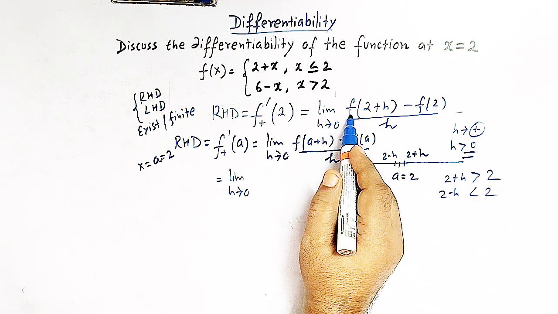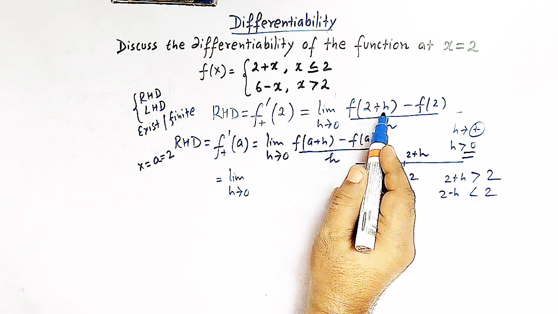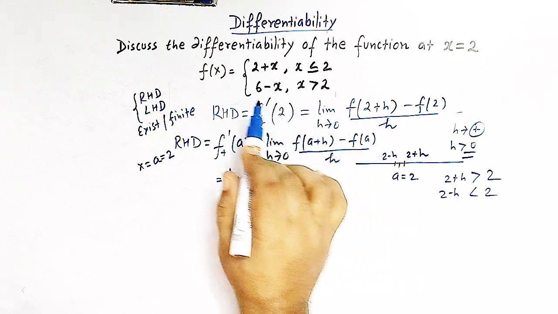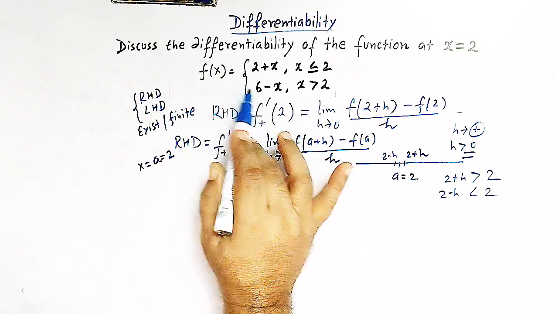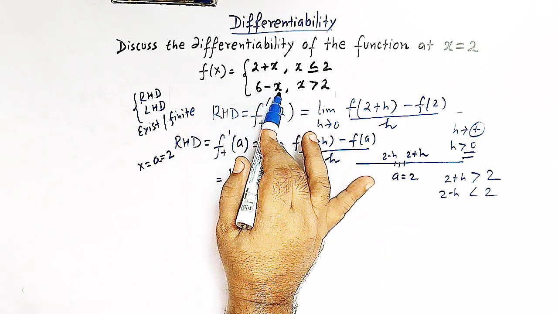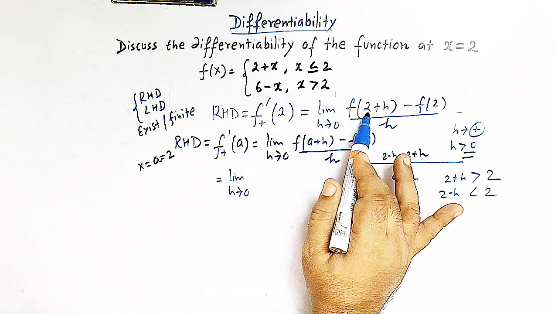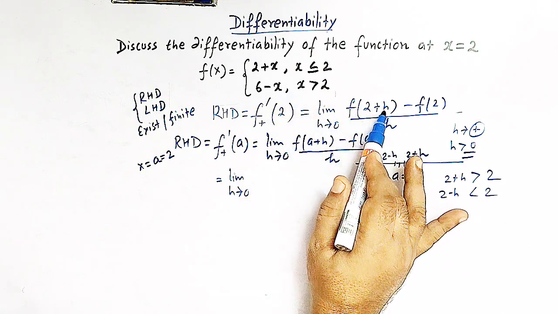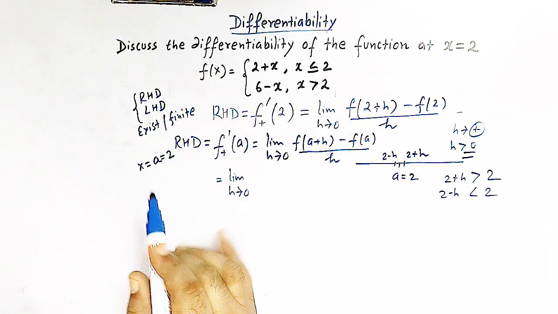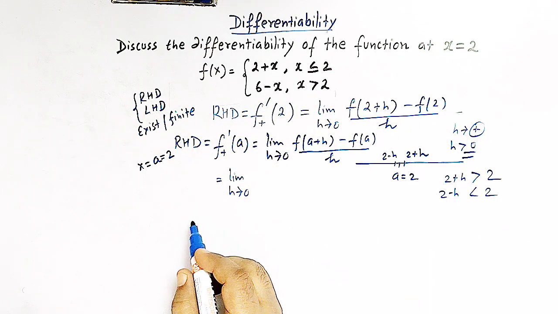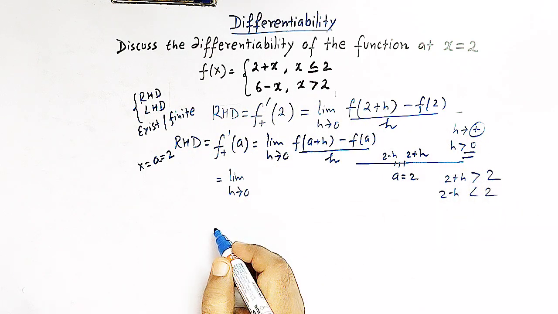So to get the value of f of 2 plus h, we will use this part of the function, that is 6 minus x, because x is greater than 2, and here x is 2 plus h, and 2 plus h is greater than 2 because h is a positive quantity. So 2 plus h is greater than 2.